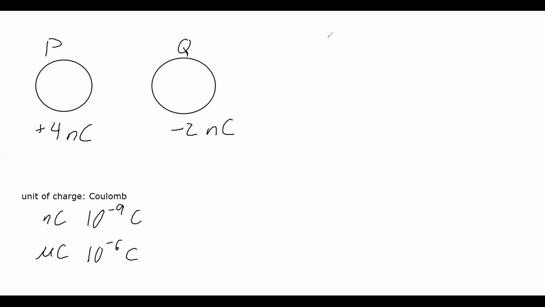So if I bring these two charges together, okay, now they're in contact. If this one had positive 4 here, I'm just going to do 2 positives. And the Q had 2 negatives.